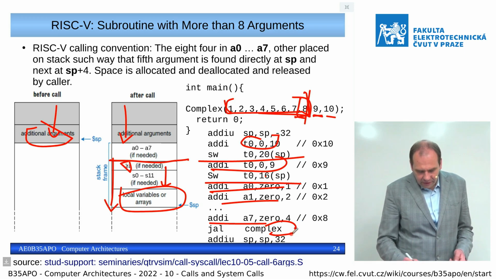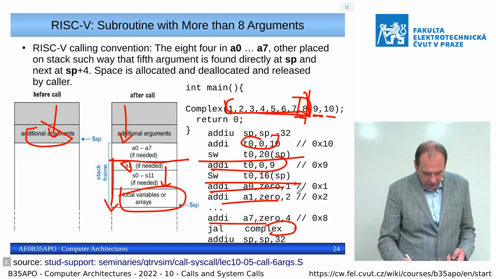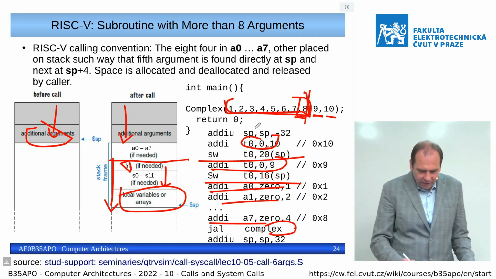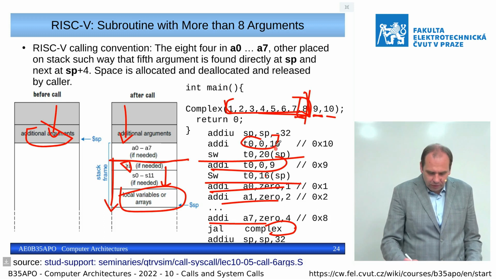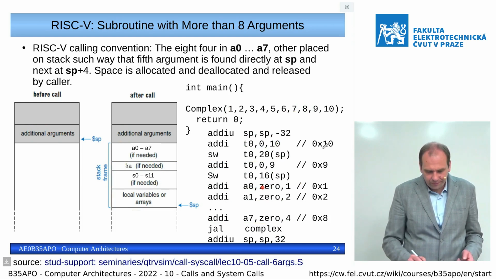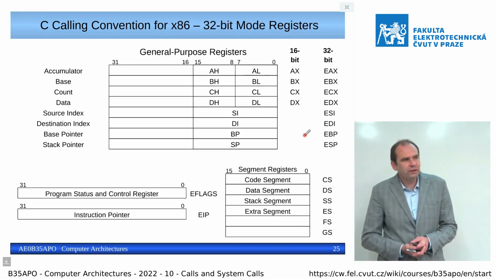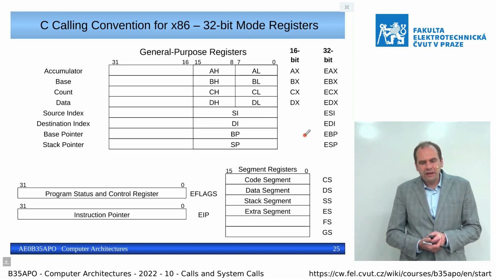In this case, we call the function, and this function can take the first arguments from the argument registers and the additional arguments it takes from the stack. Okay, so that was the calling on the RISC-V architecture.